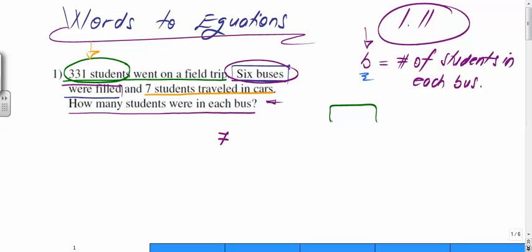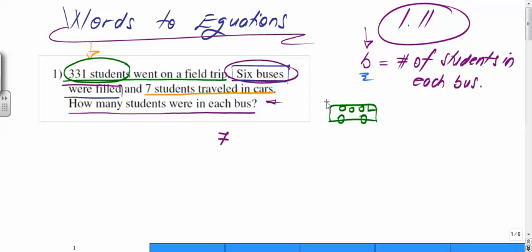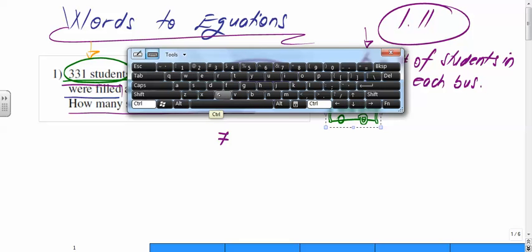So if you have your school buses, like that, and you have 6 of them. Let me see if I can make that. Okay, I have 6 of them. Let's make a copy of each one. Then I have 1, 2, 3, 4, 5, 6. Do we have 6 of them?